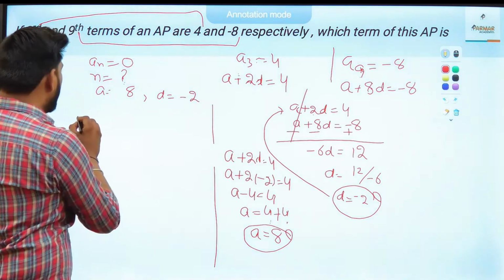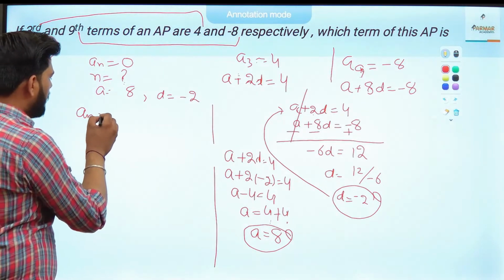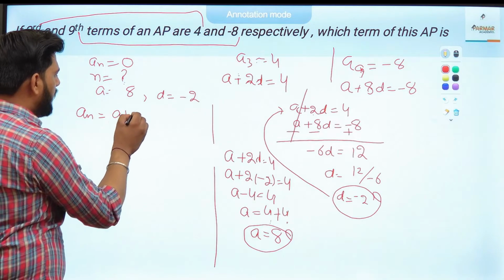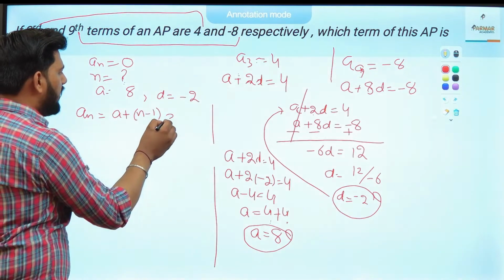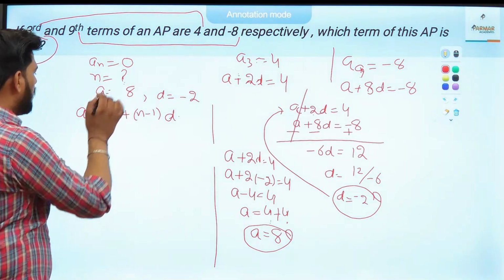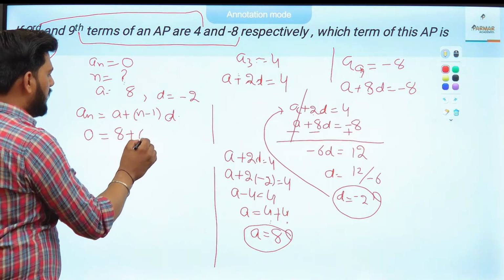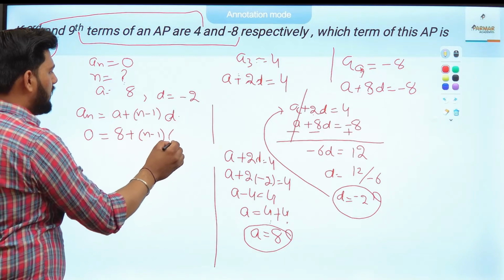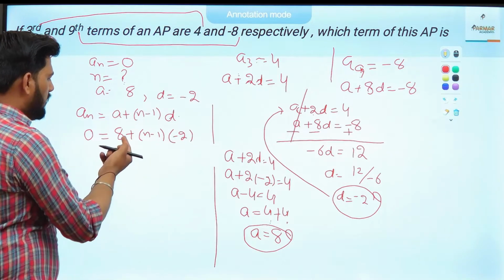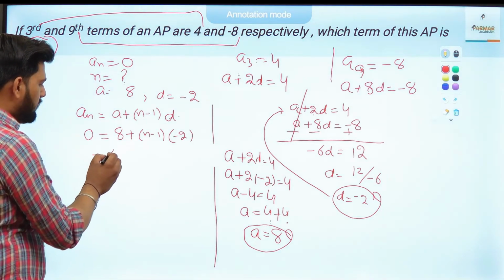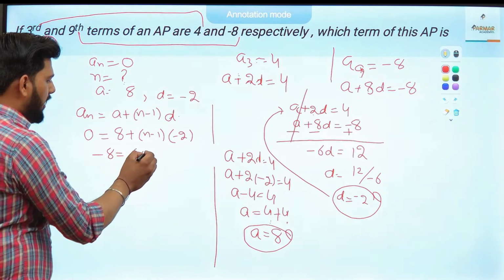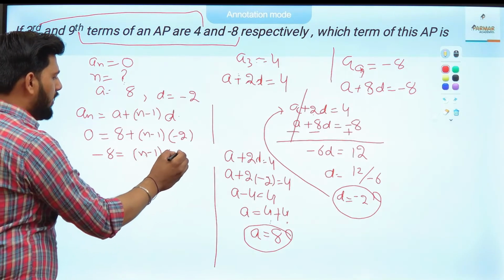So using the basic formula an is equal to a plus n minus 1 times the difference, now put the values: 0 is equal to 8 plus n minus 1 times minus 2. Now this 8 goes to this side as negative, so it is equal to n minus 1 into minus 2.